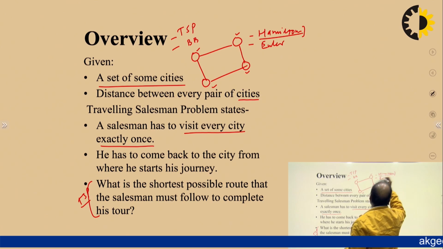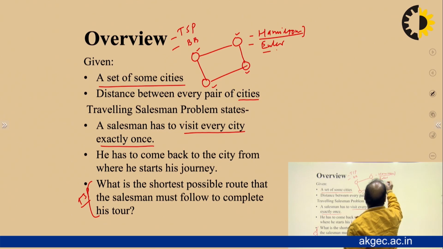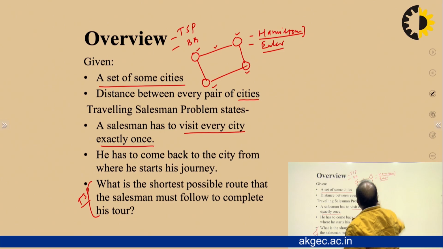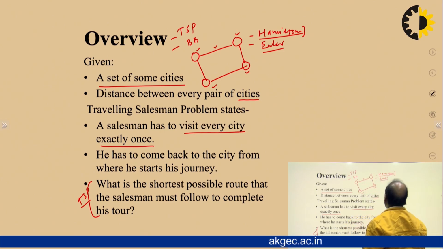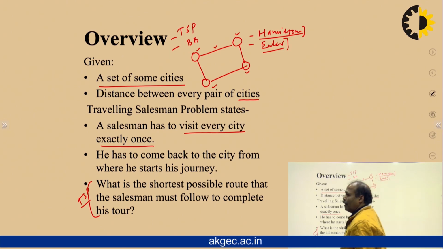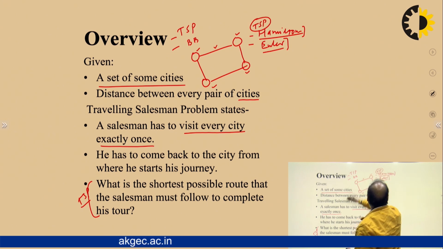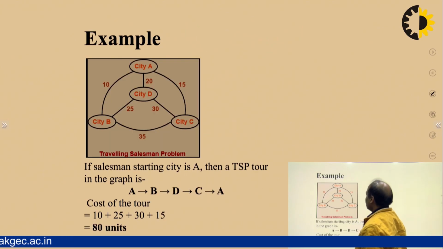Hamiltonian cycle is for a non-weighted graph, while an Euler circuit visits every edge exactly once, and vertices can be repeated. So you got the difference between Euler and Hamiltonian. Hamiltonian is nothing but an unweighted TSP.